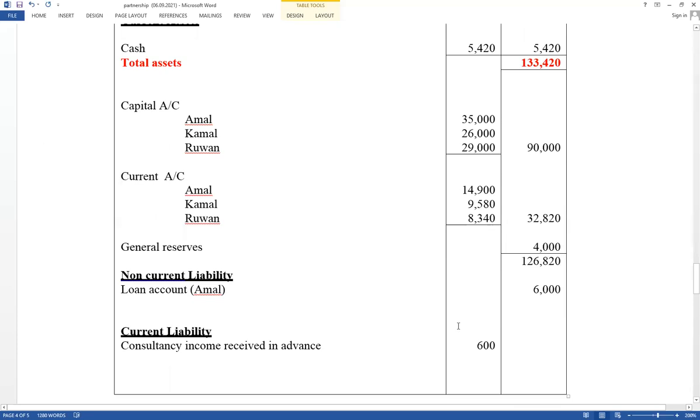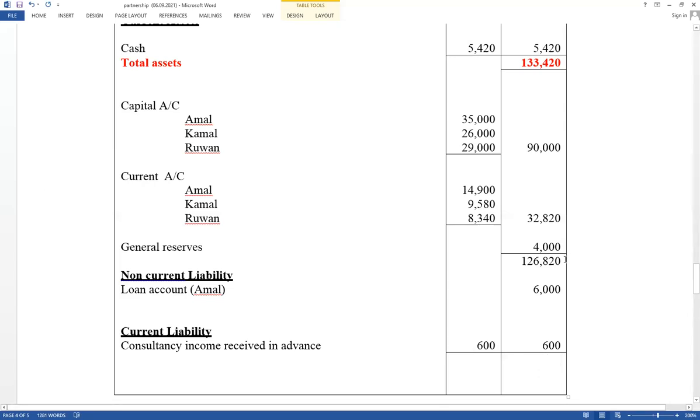Then non-current liability as well as current liability should be added. Current liability available is consultancy income received in advance. Take that value from the last column; the value equals 600,000. Then take the total value.